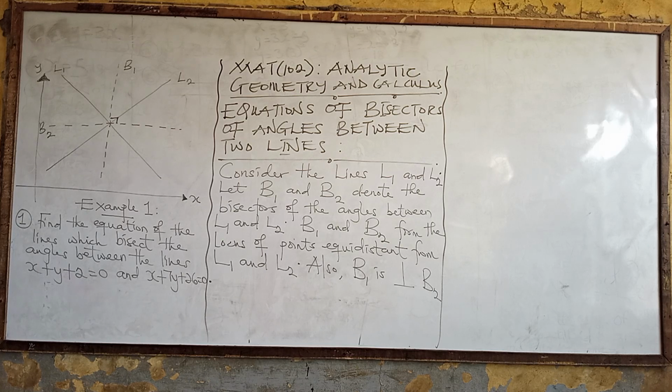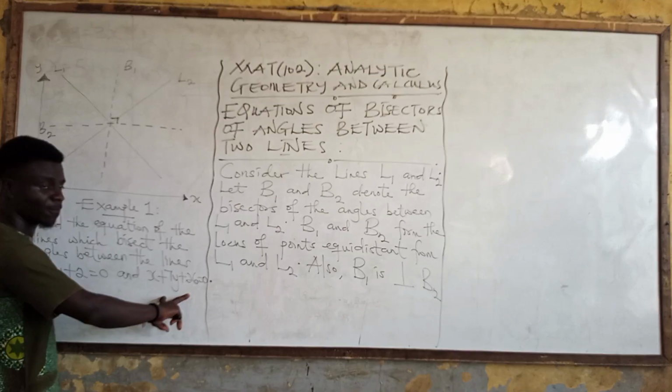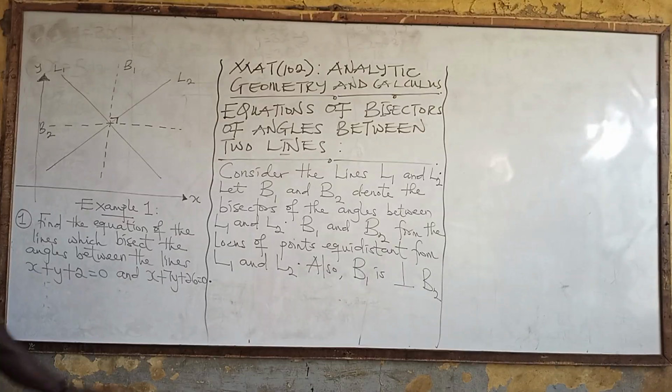So how can we find the equation of the lines which bisect the angles between the lines given?